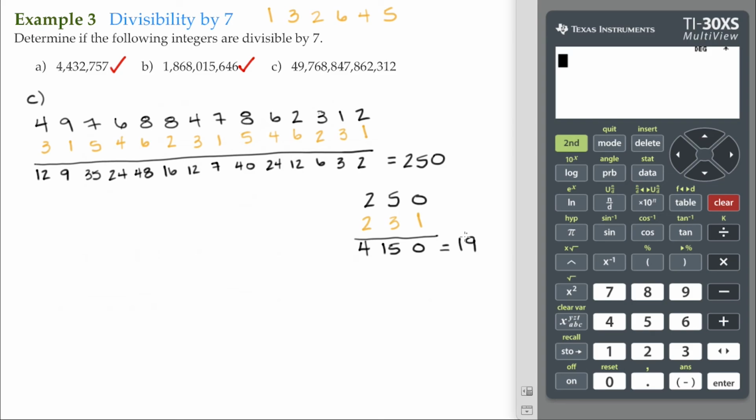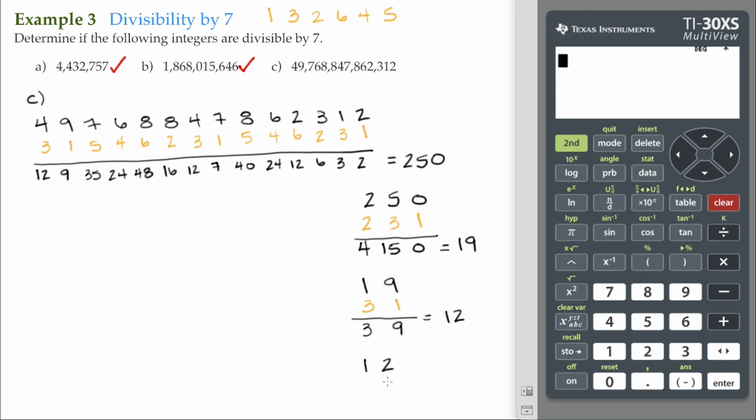But even if you weren't sure about that, we can do the process again. We can do 1, 9, and then do 1 and 3. 1 times 3 is 3. Here's 9. 9 and 3, that's 12. 7 goes into 12 once with 5 left over. Or if you weren't sure, we could repeat it again.